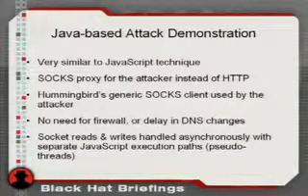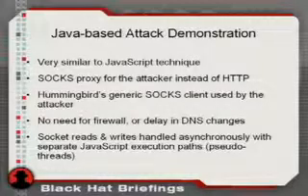My demonstration environment is very similar to the first one, with a few exceptions. Instead of an HTTP proxy, a SOCKS proxy is used on the attack server. For those of you who aren't familiar with it, SOCKS is a protocol that lets pretty much any TCP or UDP protocol be tunneled through a proxy server.